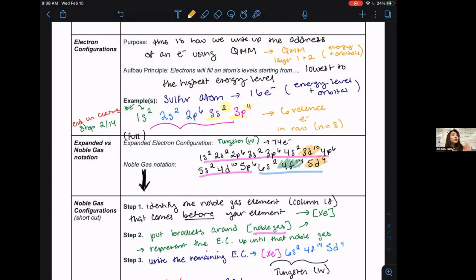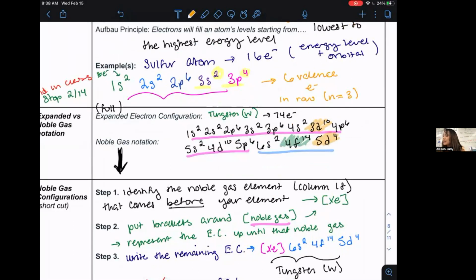Electron configuration is also a great way of identifying your valence electrons. But what about when it gets really weird and you have all of this? What's the highest energy level where electrons exist for tungsten? Row 6, exactly.